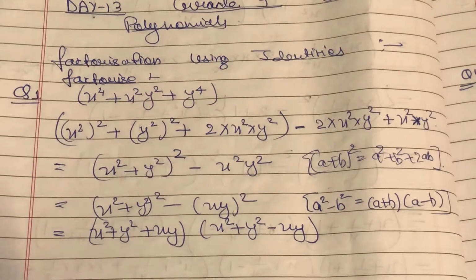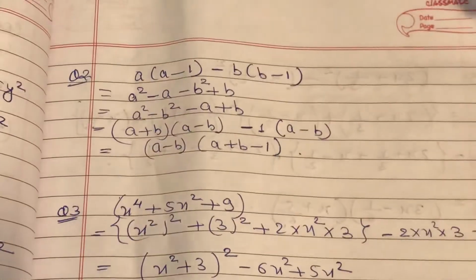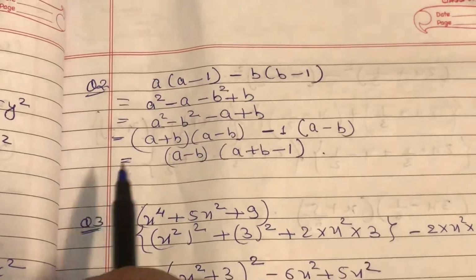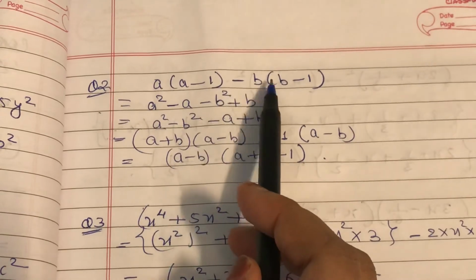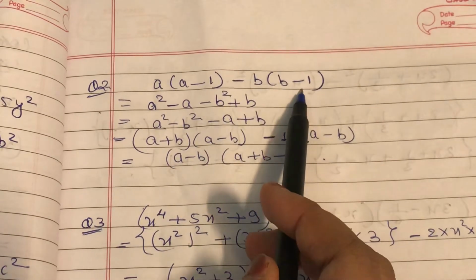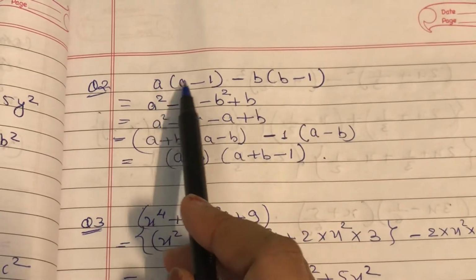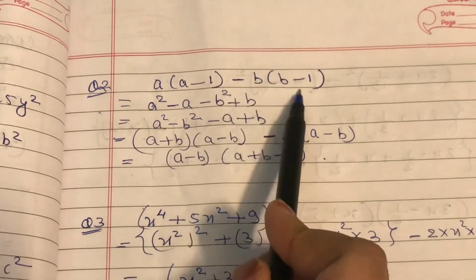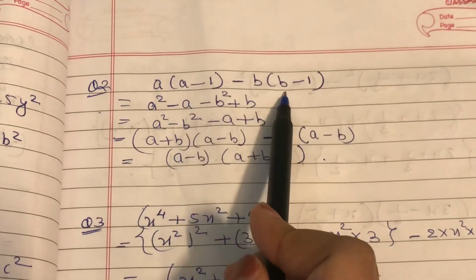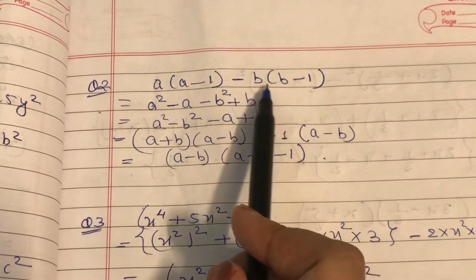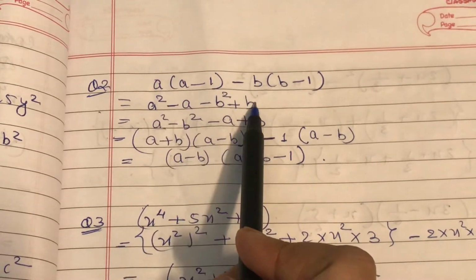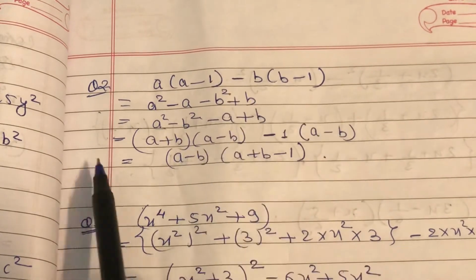Let's solve the next question. a into (a minus 1) minus b into (b minus 1). First of all, I can see that there is nothing common between the given terms, right? We cannot take anything common out here. So first we'll break the bracket and then we'll rearrange the terms.